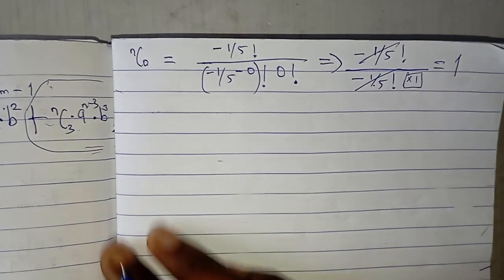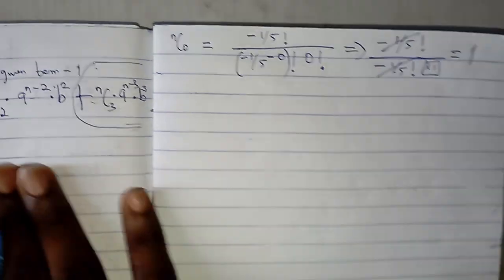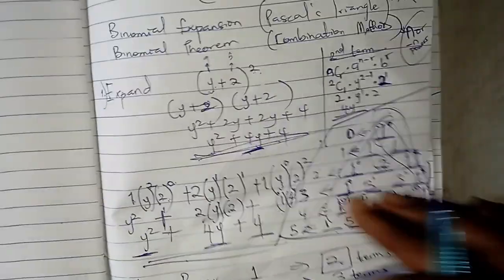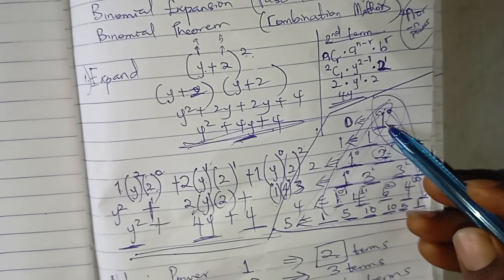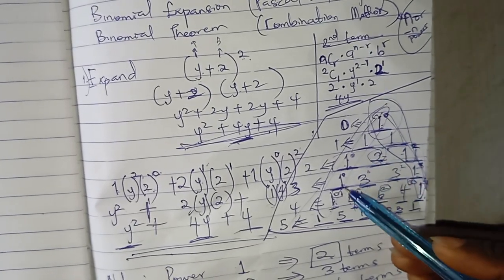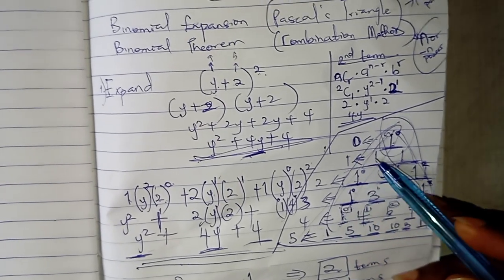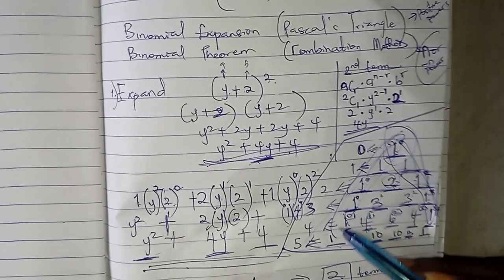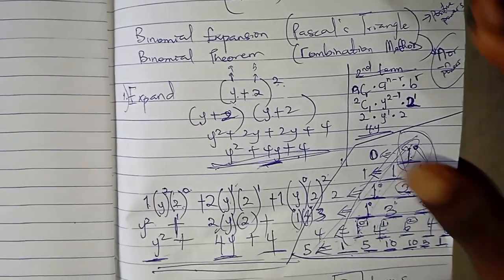So in most cases when you are doing this, the first coefficient is always 1. The reason is that, remember, in our Pascal's triangle, what we have in the beginning will always be 1. The coefficient of the first term will always be 1.